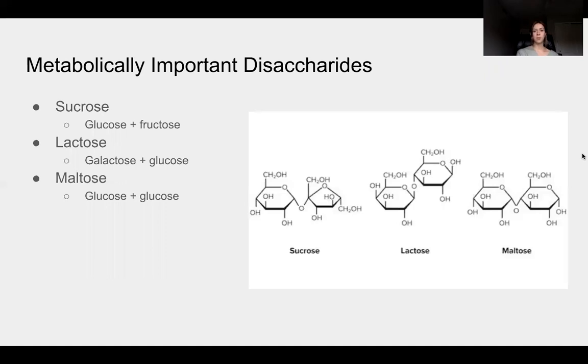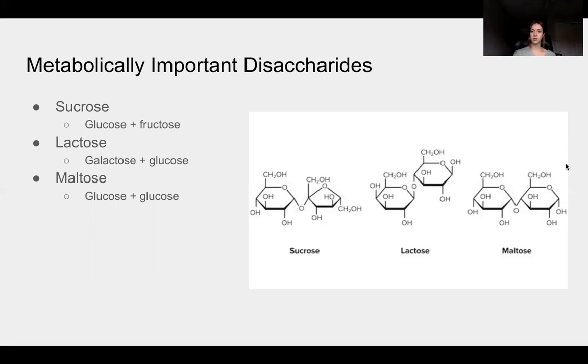So here are some metabolically important disaccharides. I would also encourage you to be familiar with which 2 monosaccharides form these. So sucrose is 1 glucose and 1 fructose. Lactose is 1 galactose and 1 glucose, and maltose is 2 molecules of glucose.